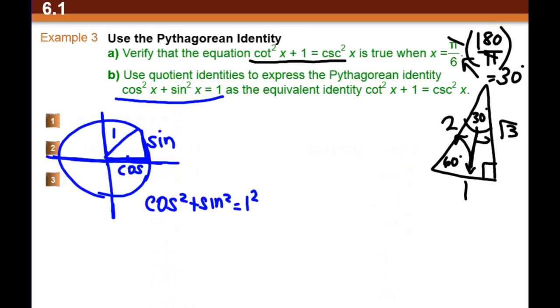So what the question is asking us is to show that this identity is equivalent to this one here. Essentially we're taking this one and changing it into the second one.